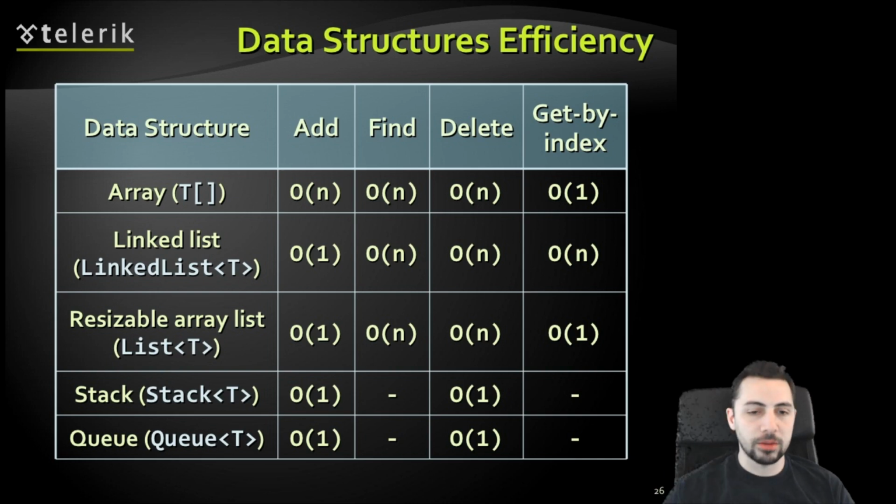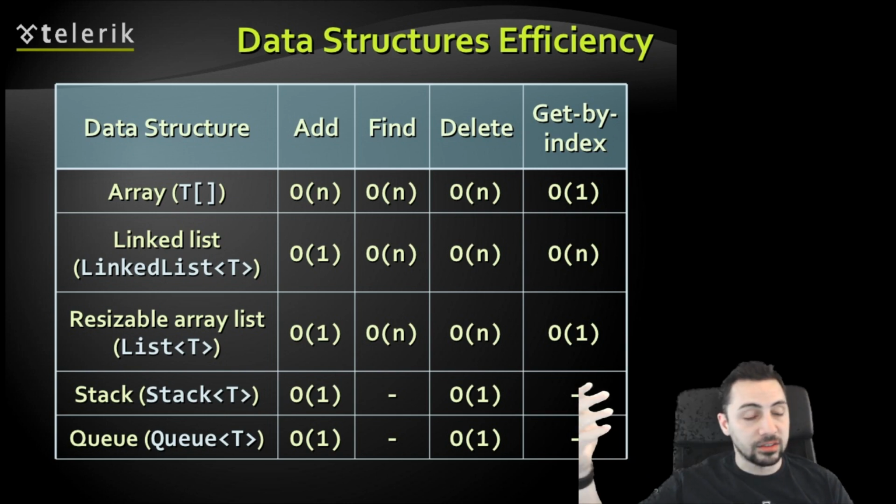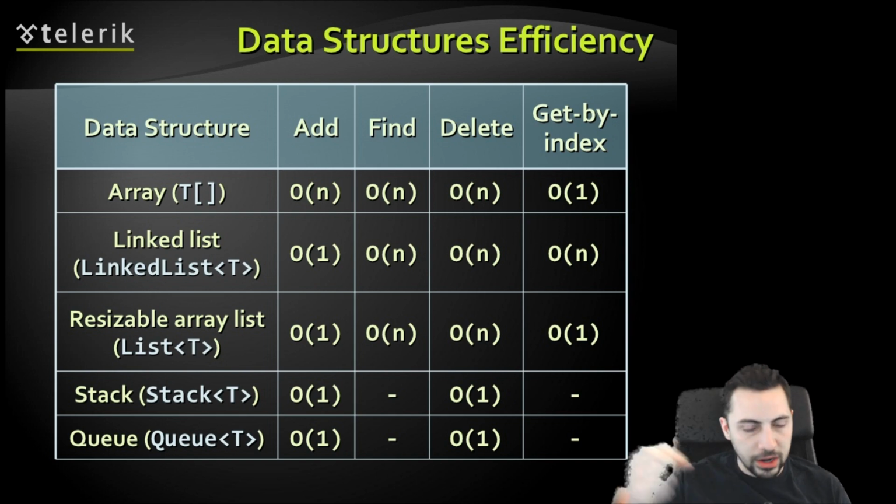Each chunk has one piece of data in it of type T, and it points around to it. So adding is very fast because it's just adding one pointer. But finding, deleting, and getting by index are all linear time. So it's a little different from array. With an array you can get by index very quickly, but with a linked list, you can't. You have to iterate over every element. It's very much sequential access.